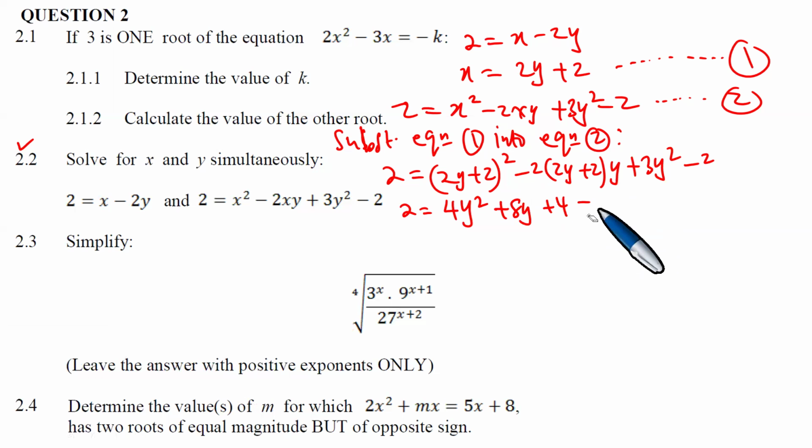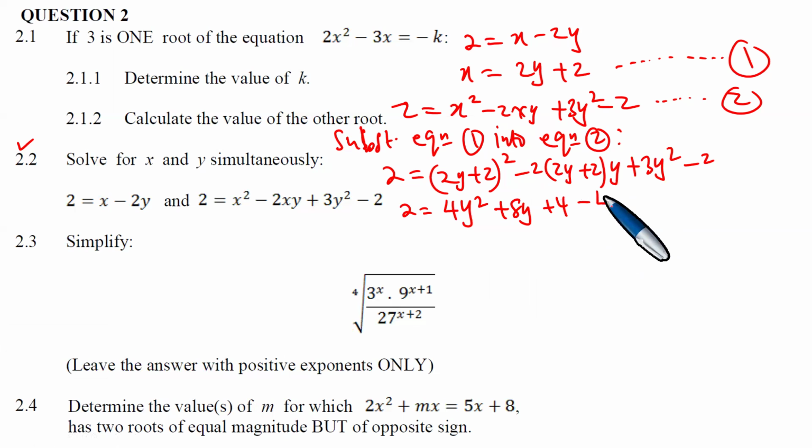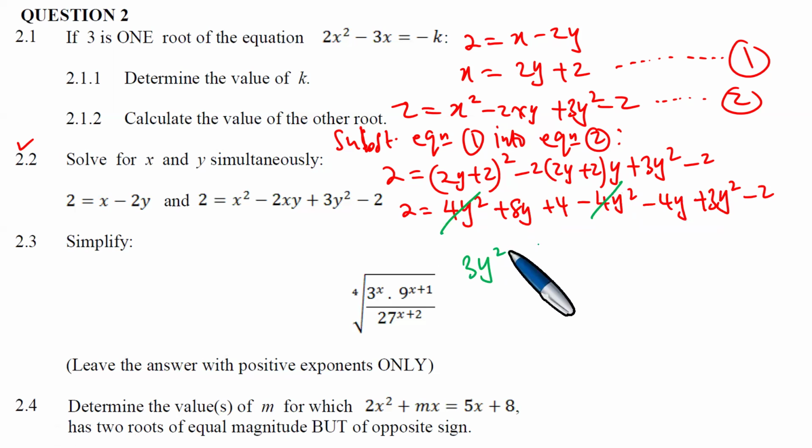So this one gives us minus 4y squared, and this one gives us the minus 4y, plus 3y squared minus 2. This one cancels this. 4y squared cancels 4y squared, leaving us with exactly 3y squared.